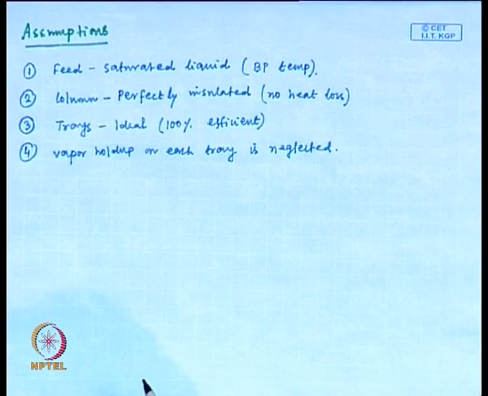Vapor hold up on each tray is neglected because the density of vapor is much lower than the density of liquid. That is why we are considering this. For the high pressure column, the vapor hold up is considered on each tray.